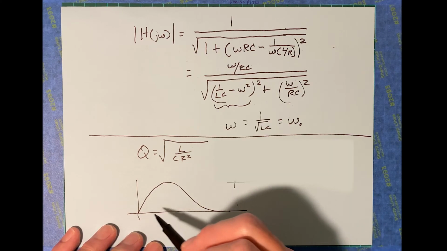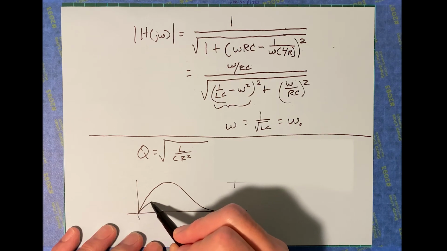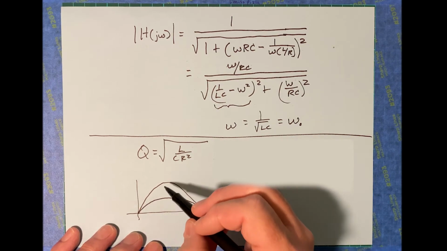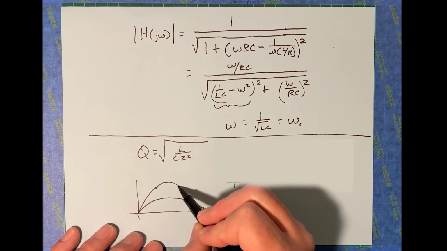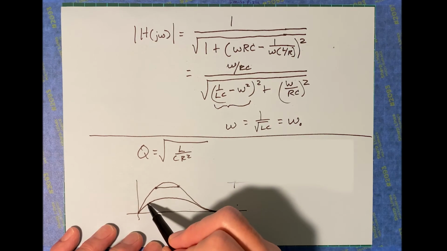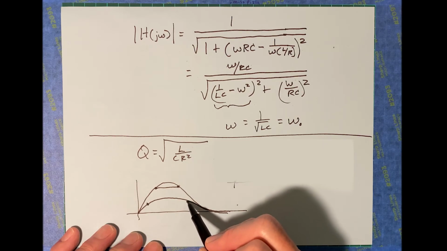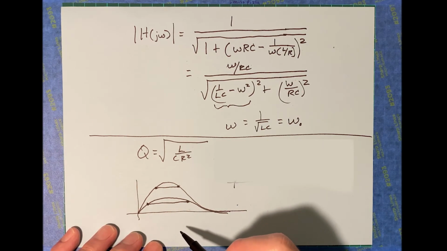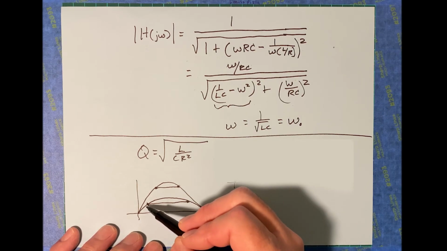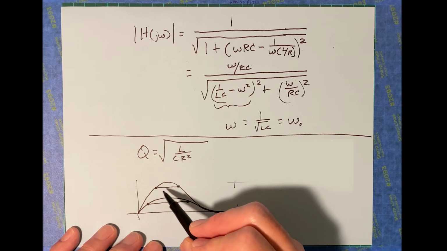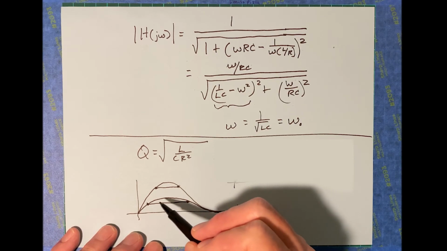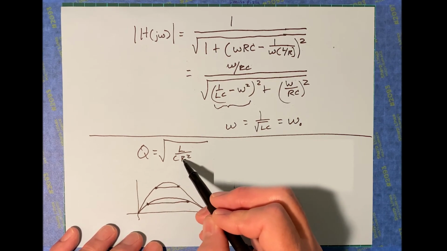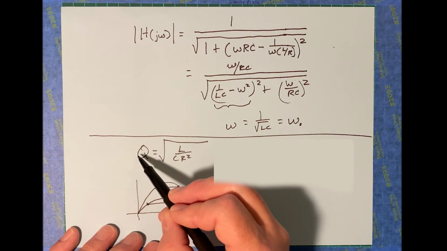But for a different value of R, I may get something that looks like that. Okay? And for one of these, I may have that as the bandwidth, but for the other one, with the larger R value, I may have something that looks like that. Okay? So the R value helps determine what that bandwidth is right there. So a larger R value, a bigger number here, gives me a smaller Q value.